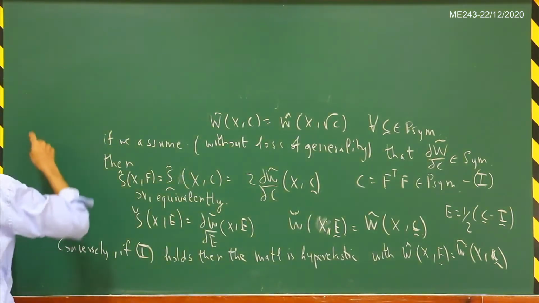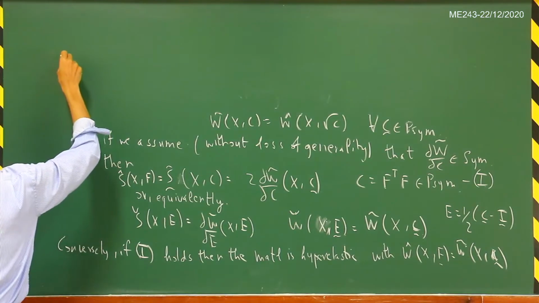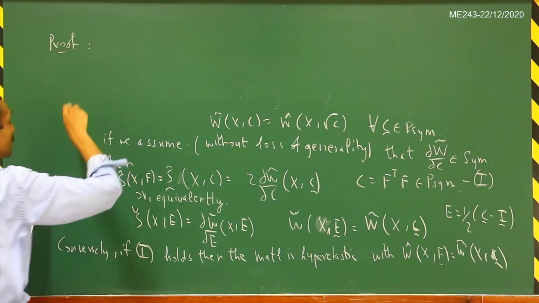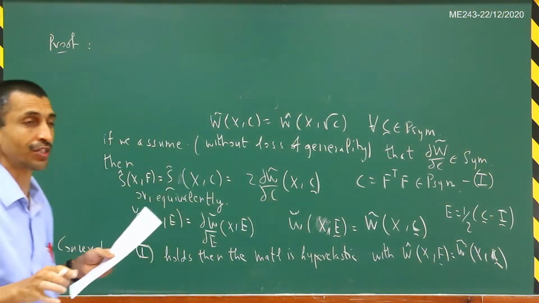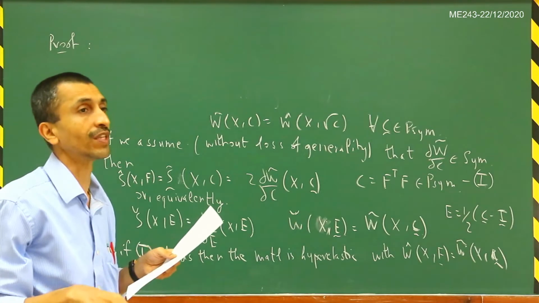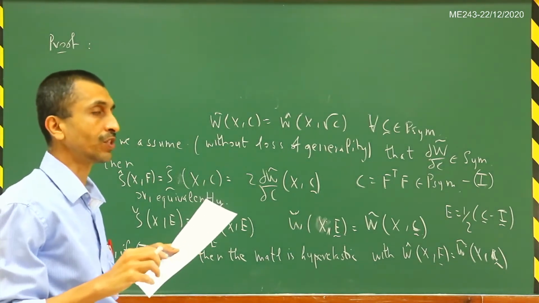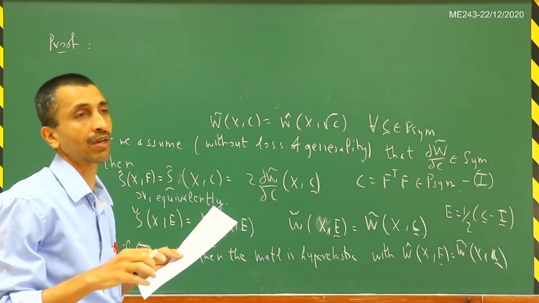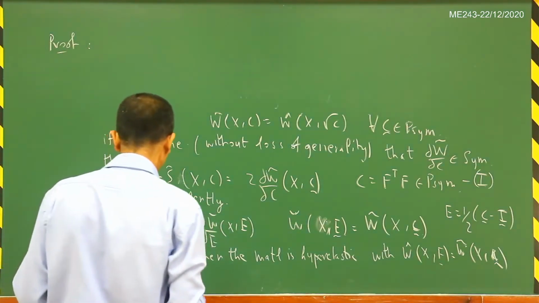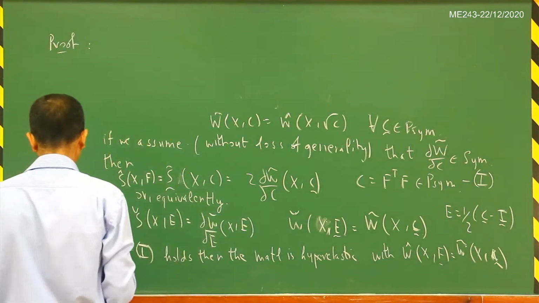So last time we have seen that T hat, that is the first Piola-Kirchhoff stress, is the gradient of the strain energy density function with respect to F. So we should try and link the second Piola-Kirchhoff stress to this expression for the first Piola-Kirchhoff stress in terms of the strain energy density function.